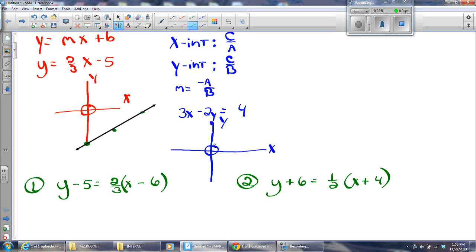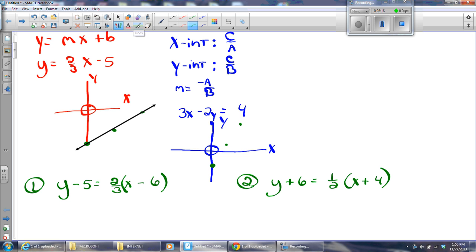So when I do this, I'm going to do the y-intercept of c divided by b, which would be -2, 1, 2, like that. And I'm going to do my slope of negative a over b, so that'll be 3 over 2. So I'm going to go 1, 2, 3, 1, 2. All right. Sure. 1, 2, 3, 1, 2, something like that.